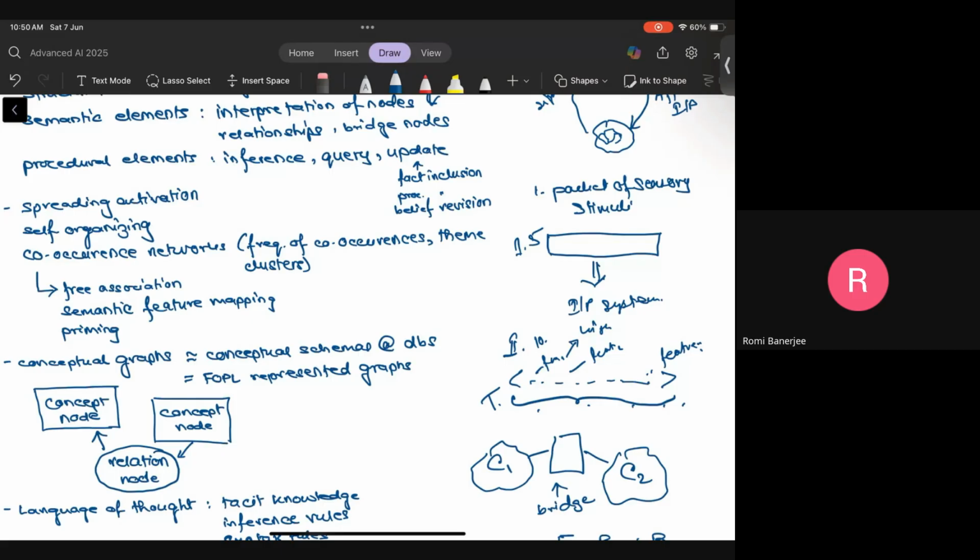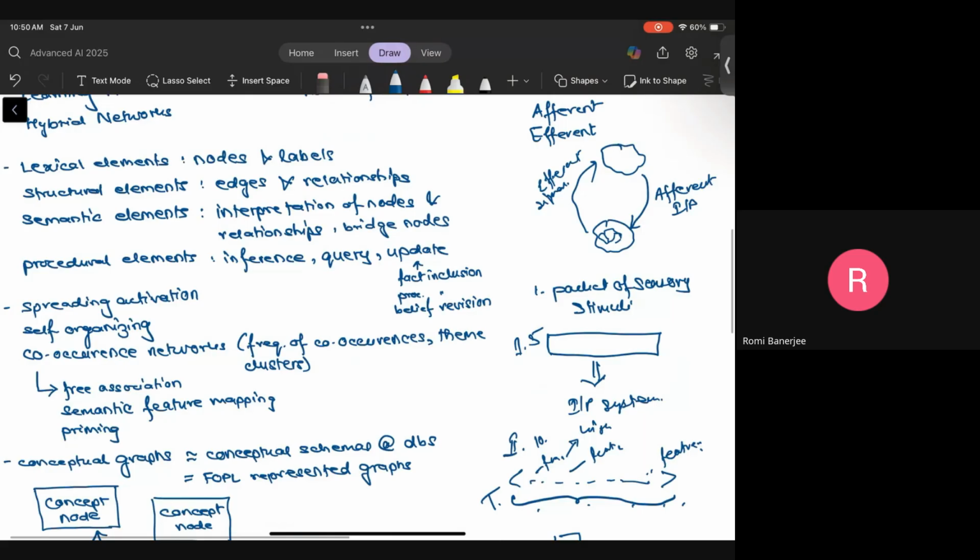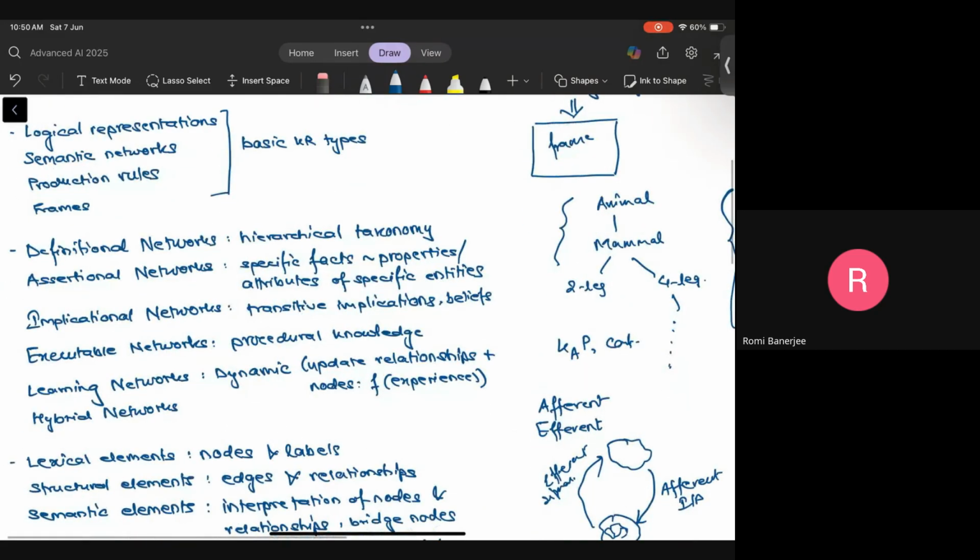Now, when you have all of this happening, certain terms which are also going to be very important are how you are going to do the spreading activation across your network. How are you going to activate these definitional, assertional, implicational, executive sections of your network?